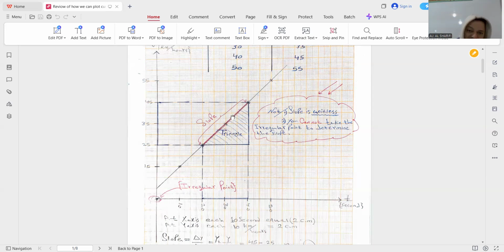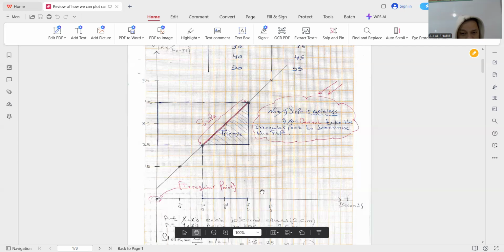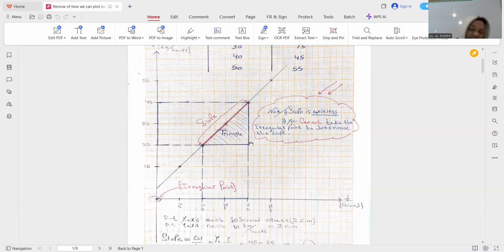The slope means this part of this triangle. Like we know, delta x means this part of this triangle. Delta y means this part of this triangle. By that, it's the same thing as the Pythagorean rule, but a little bit different.